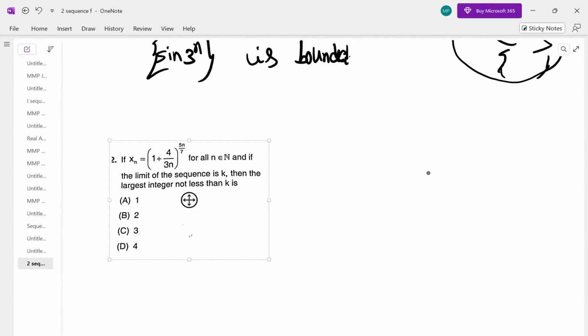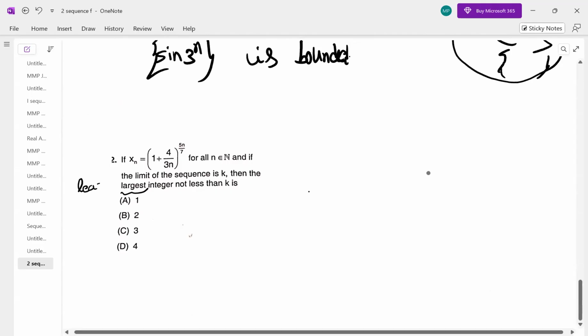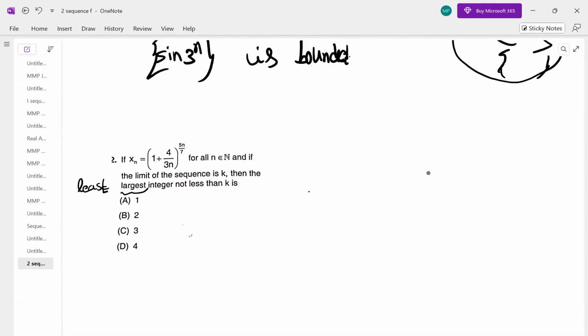If xn is this for all n belonging to N, and the limit of the sequence is k, then the least integer not less than k is. The question itself has some mistake, so please eliminate this. The question is: the limit of the sequence is k, then the least integer not less than k is. This is the one.